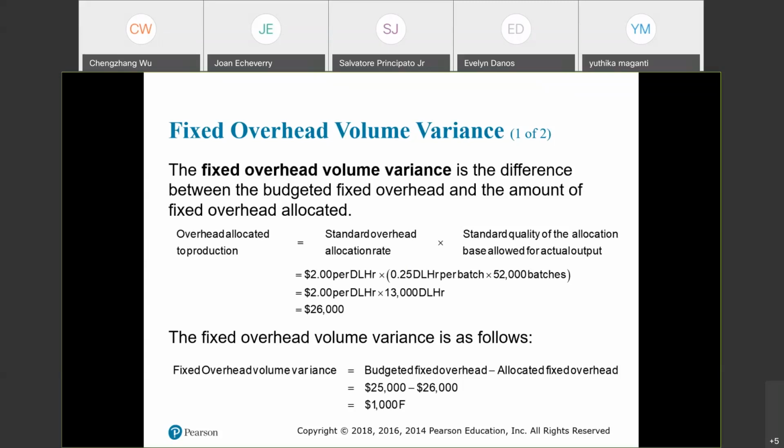In other words, based on the standard for fixed overhead, the company has over-allocated fixed overhead by $1,000.